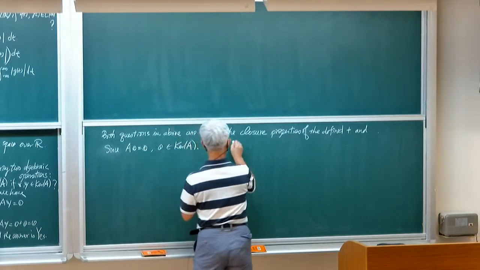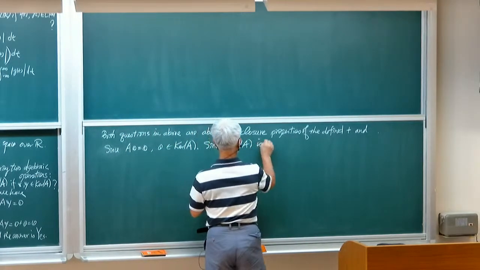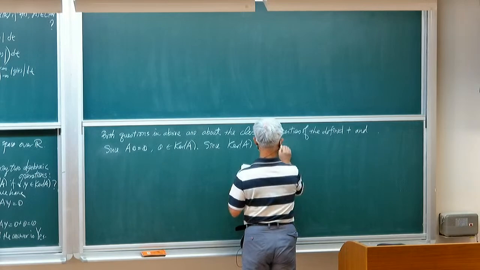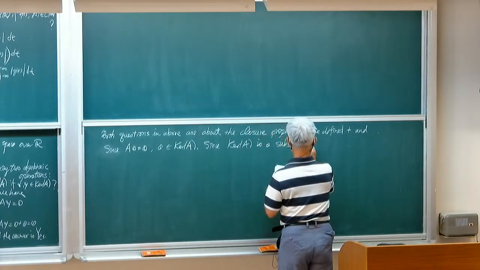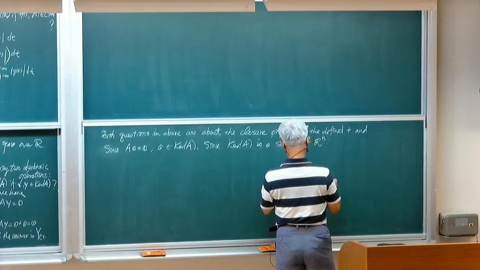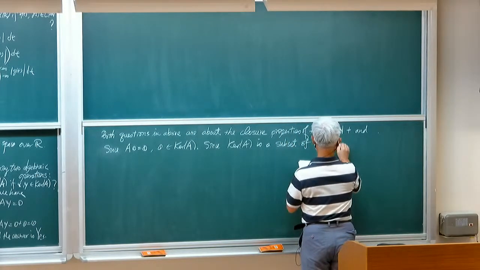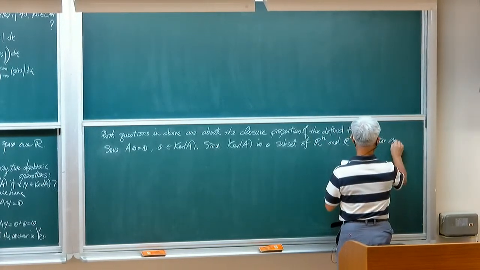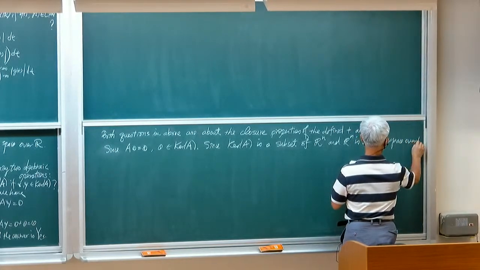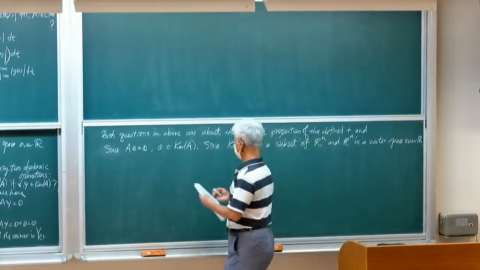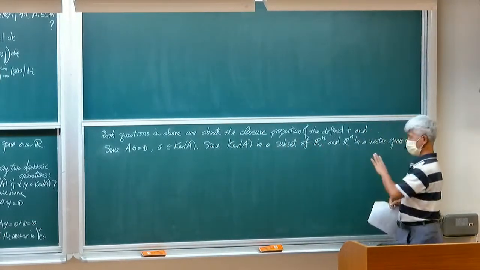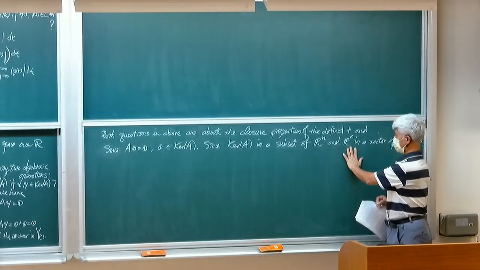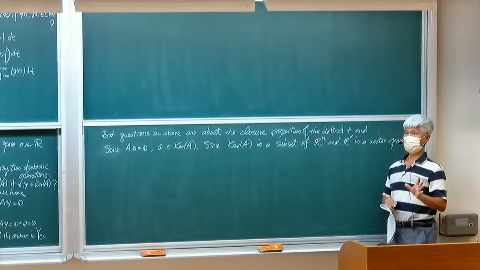Since the kernel of A is a subset of Rn, and Rn is a vector space over R, the vector addition and scalar multiplication in Rn will satisfy the 7 axioms, of course.